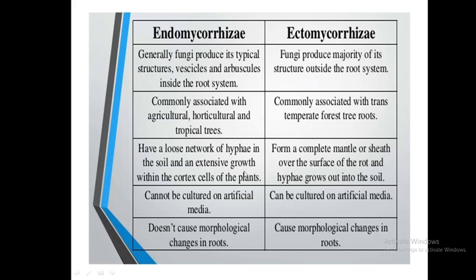But ectomycorrhiza form a complete mantle or sheath over the surface of the root, and hyphae grow out into the soil. Endomycorrhiza cannot be cultured on artificial media, but ectomycorrhiza can be cultured on artificial media.